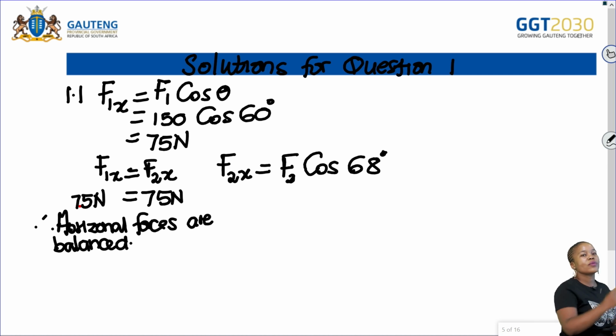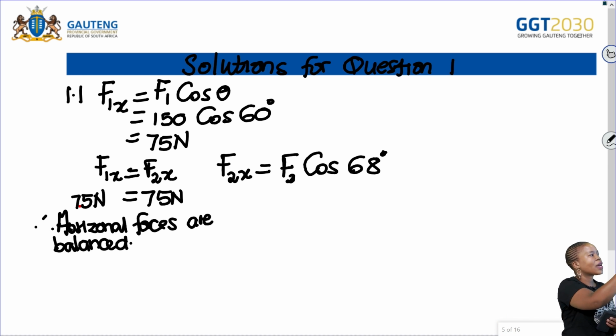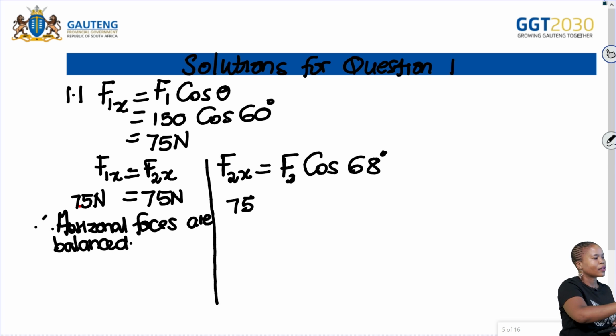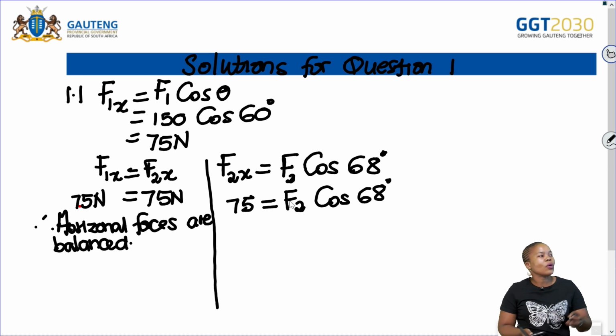So now let's try and resolve and find the main force. If your F2x is 75, then we have an unknown of F2 and cos of 68 degrees. So now we only have one unknown.